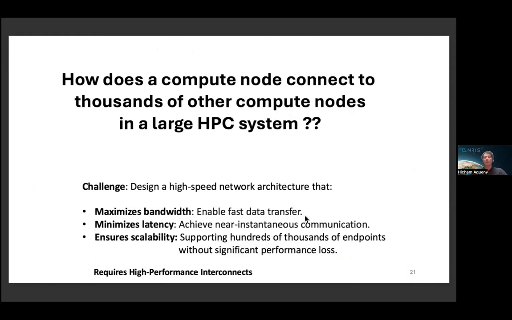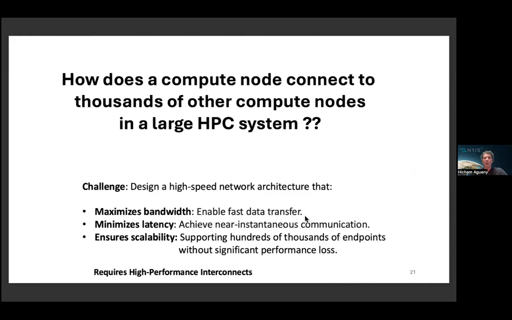This is one of the challenges with designing a high-speed network architecture, because the design has to maximize bandwidth and minimize latency. The communication should be instantaneous, and more importantly, the network should support hundreds of thousands of endpoints without significant degradation of performance.